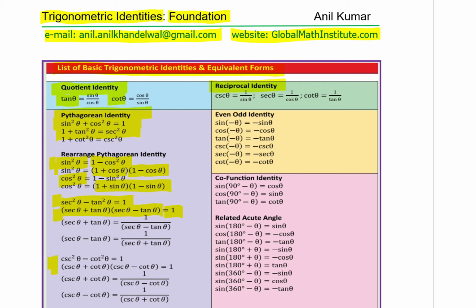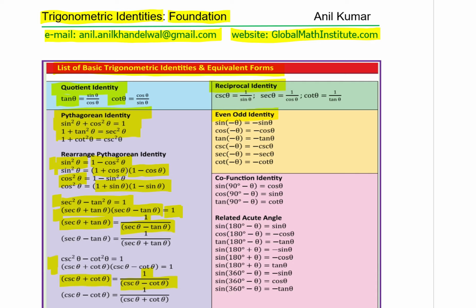That means I could write secant theta plus tan theta as 1 over secant theta minus tan theta. This is extremely important. Similarly, I could write cosecant theta plus cotangent theta as 1 over cosecant theta minus cotangent theta. Now, these are very important results which we are trying to understand right in the very beginning. These really help to solve or to prove trigonometric identities.